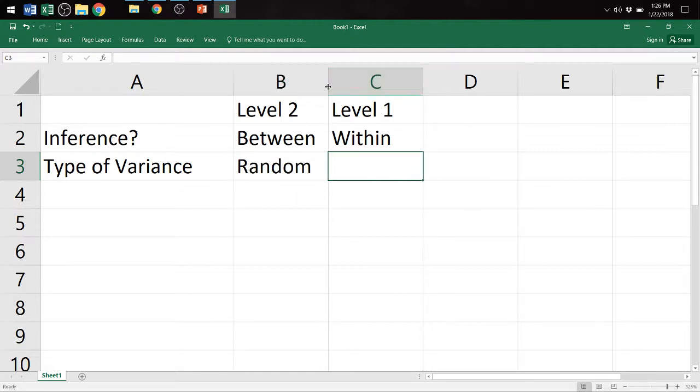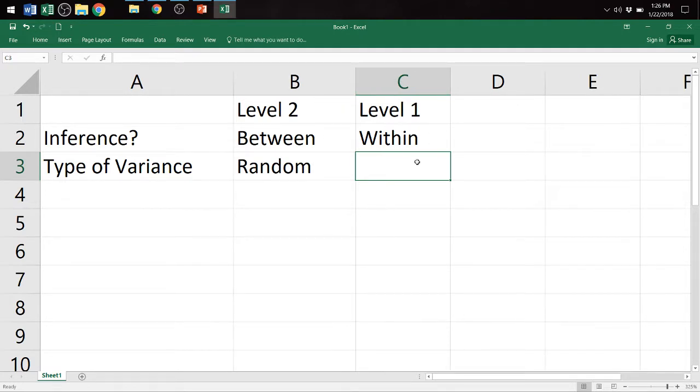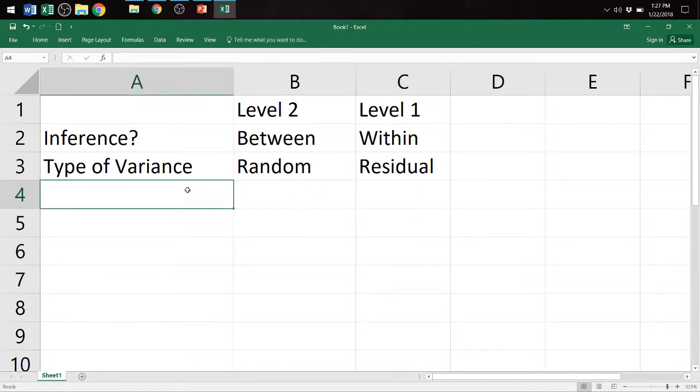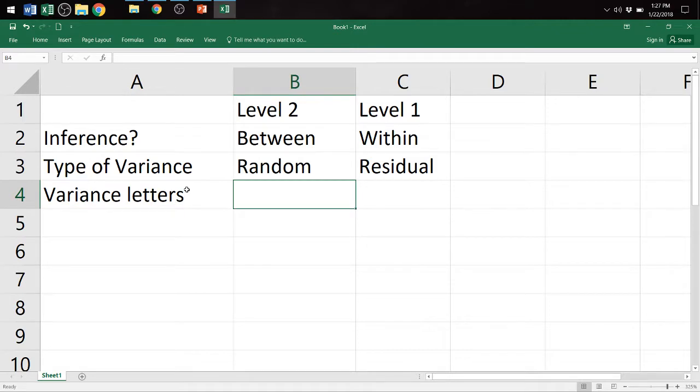What's the word that I use for level 1 kinds of variance? Residual, yes. Letters that go along with these. We'll go variance letters. What is the symbol that shows up in your equations for random effects? U. What's the symbol that shows up in your equations for level 1 effects?